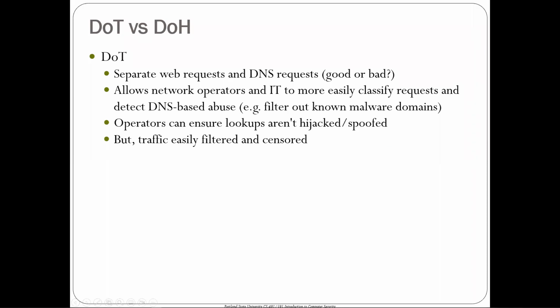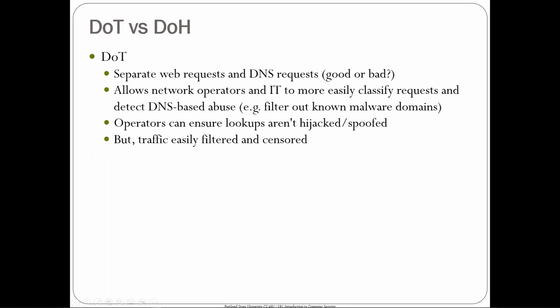If you have someone who is doing abuse using the domain name system, you can identify those lookups as DNS lookups, analyze them, and then filter out the known bad stuff. And it's much easier if they're running on different protocols. The other thing is that the operators themselves can do some security to make sure that the DNS infrastructure they run isn't being hijacked or spoofed.